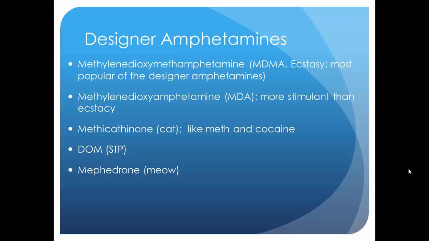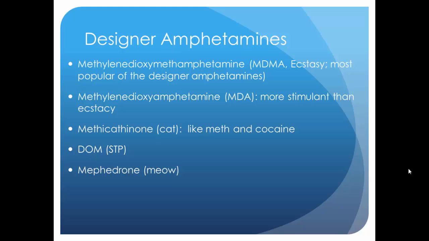And now, I believe all of the substances listed on this slide, with the exception of mephedrone, are Schedule I substances, meaning no medical use, cannot be used in a medical setting or prescribed.